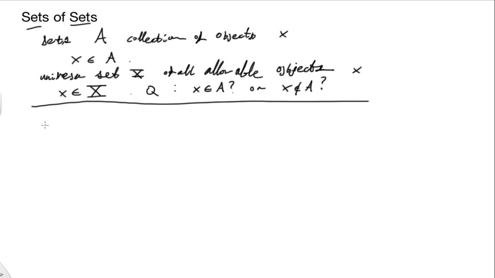But then what we might want to do is make a higher order generalization here and talk about sets of sets. Okay, so we're going to use script notation for this, and we're going to use the same brackets too.